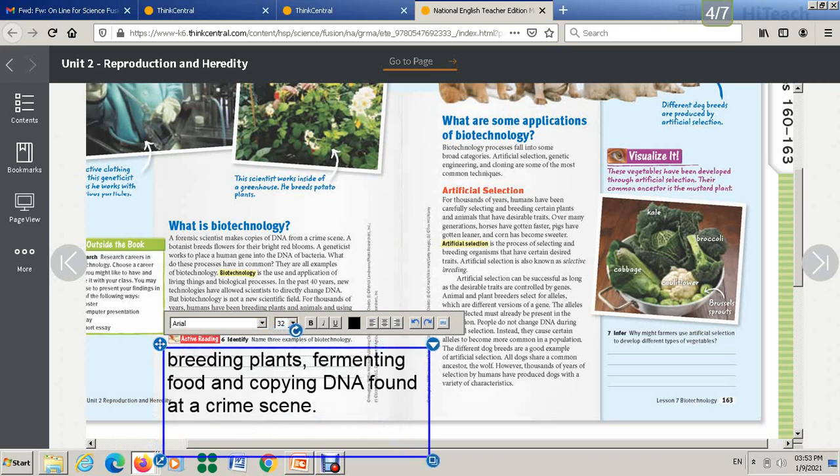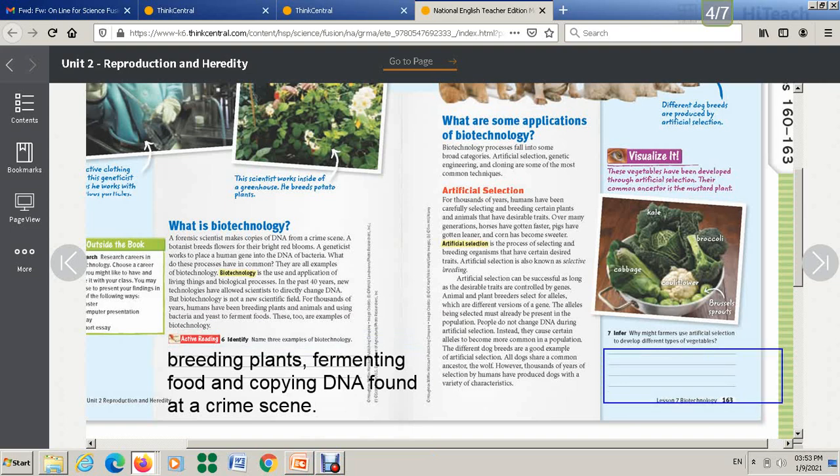The last question, question 7. Why might farmers use artificial selection to develop different types of vegetables? For sure, to produce vegetables with different colors, shapes, and tastes, for desired characteristics.